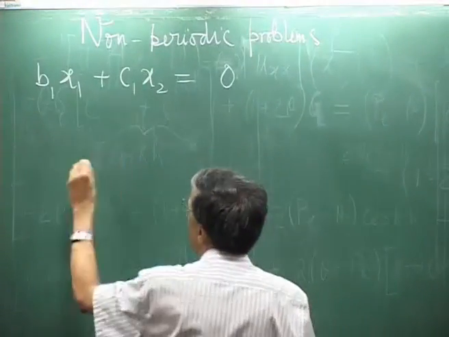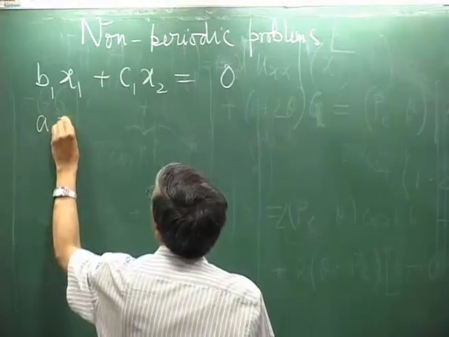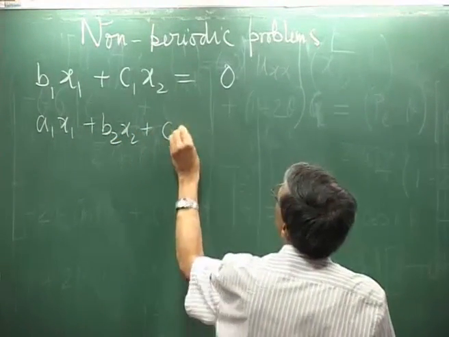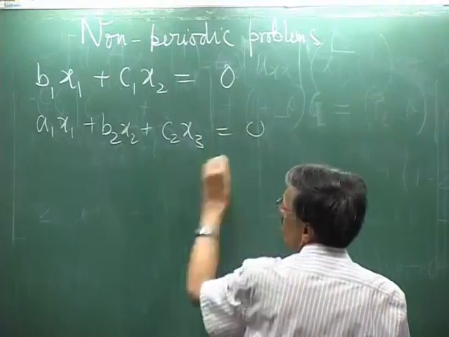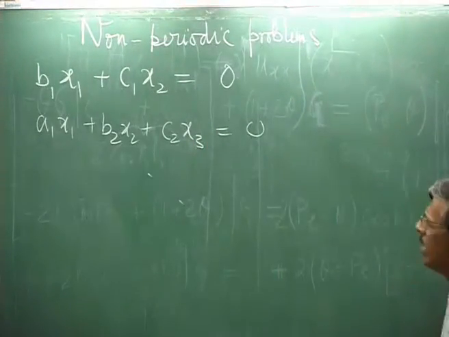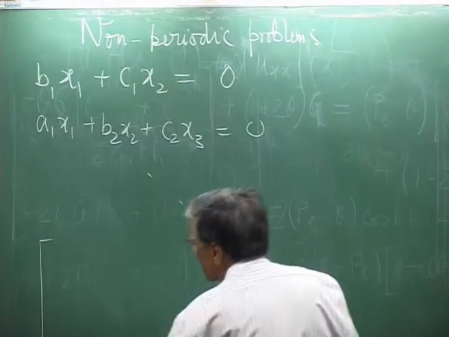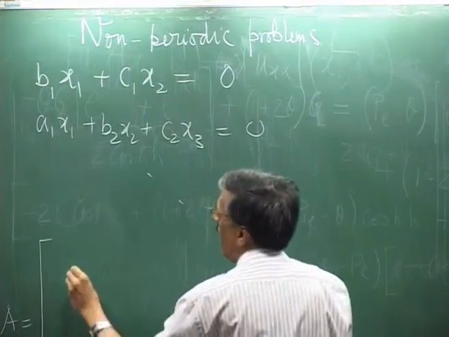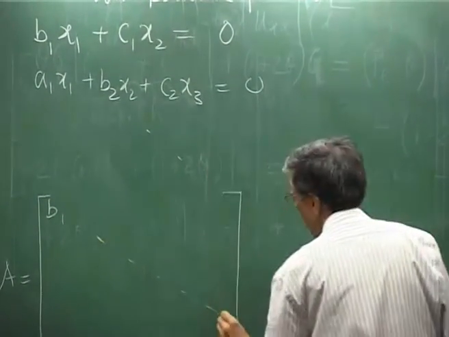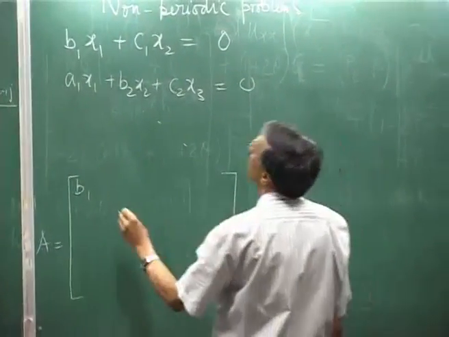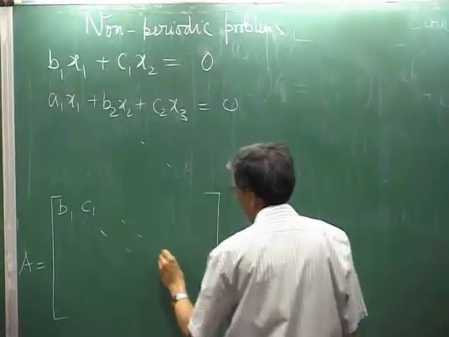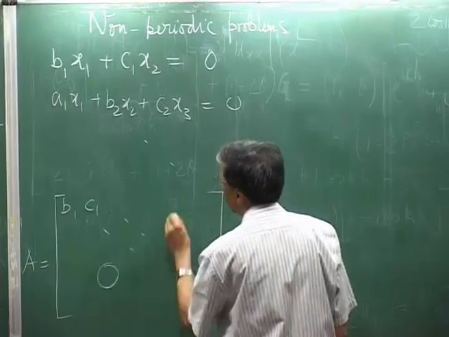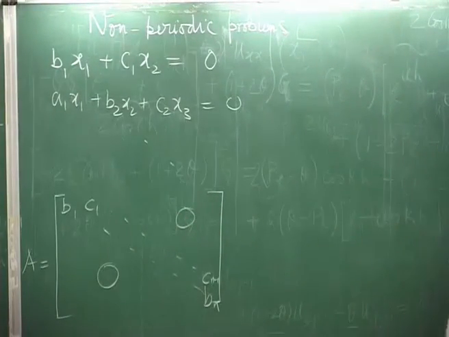And the second line had a1 x1 plus b2 x2 plus c2 x3 equal to 0, and so on and so forth. That is why you had that A matrix, when we wrote b1 all the way up to bn, and then we had here c1 all the way up to c(n-1), there is 0 0, right.